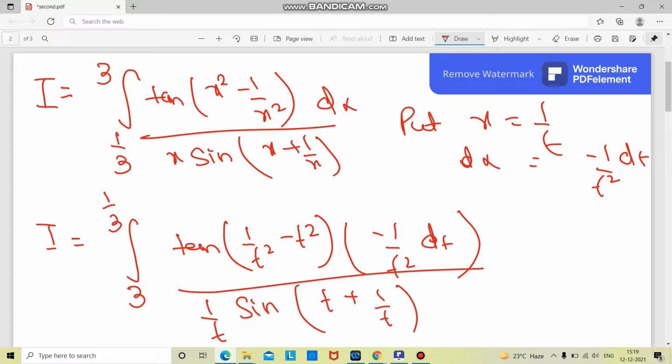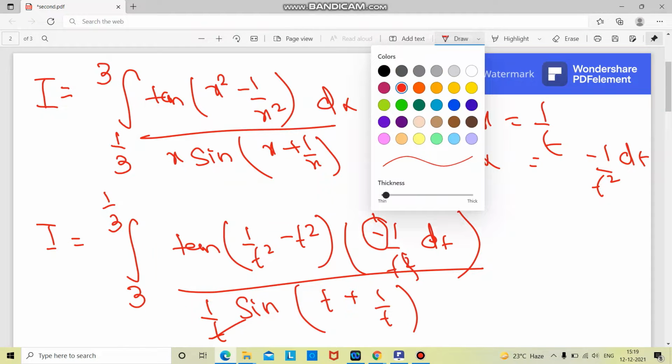Now this t would be cancelled by t square, and the minus we will compensate by interchanging the limits.